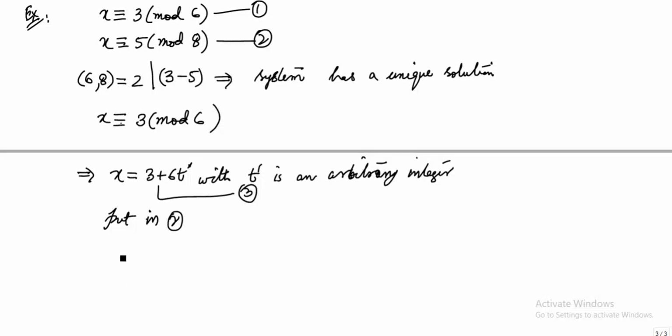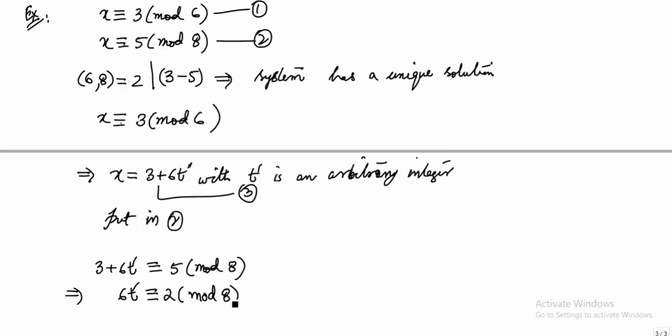Instead of x we write 3 plus 6t prime congruent to 5 modulo 8. Now subtract 3 from both sides, so 6t prime congruent to 2 modulo 8.